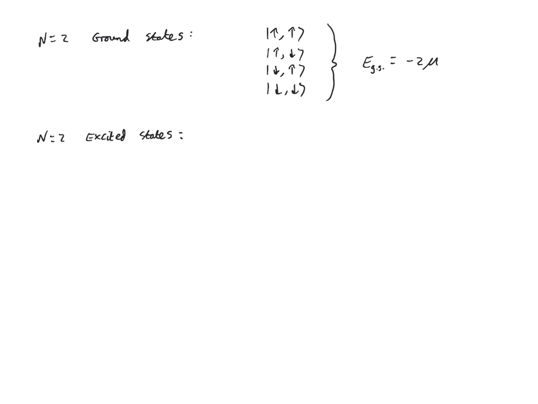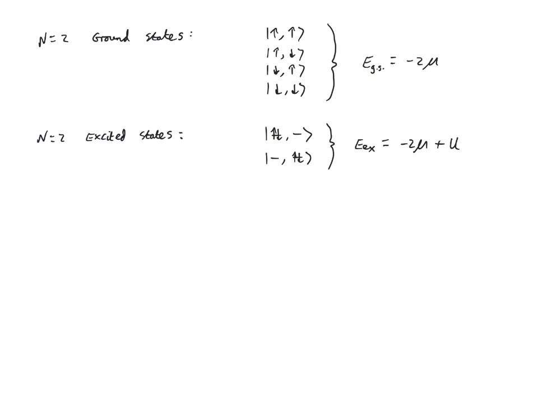The n equals 2 excited states involve charge fluctuations where one of the electrons quantum tunnels to the other side, thus meaning that we have a 0-2 or 2-0 kind of occupation. These are the excited states, and they have an energy minus 2 mu plus the Coulomb repulsion U.